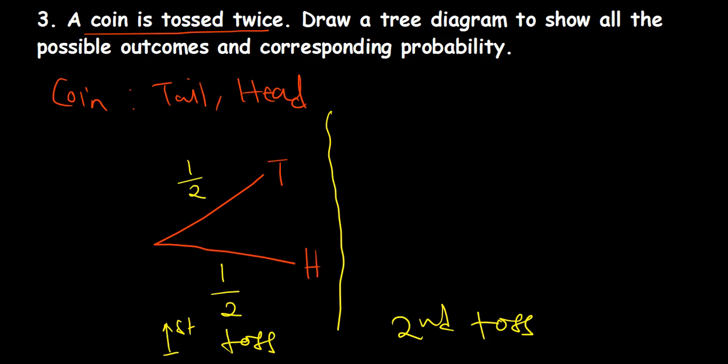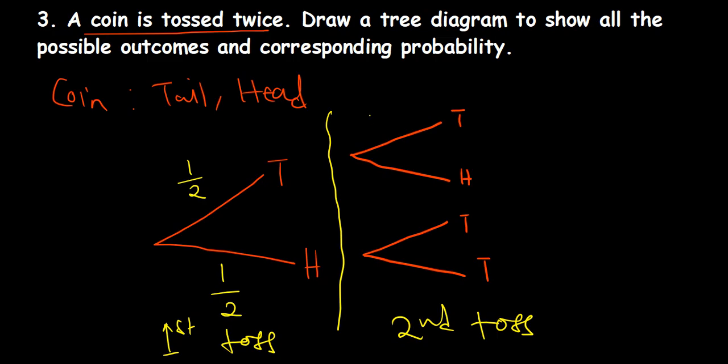So okay, if we got tail at the first toss, in the second toss we can get tail or head. And if we got head in the first toss, it means in the second one we can also get what? The tail or the head. So this will be the tail, this one will be the head, this one will be the tail, this one will be the head.